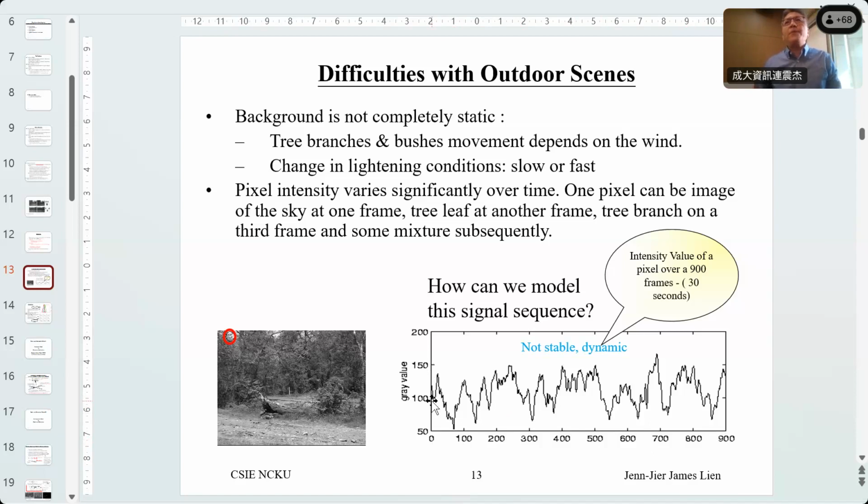So for the background subtraction, if your resolution is, suppose, 1K times 1K, for each pixel you need to use one Gaussian model to model it. So if you have 1K by 1K, you need to have 1K by 1K Gaussian models.